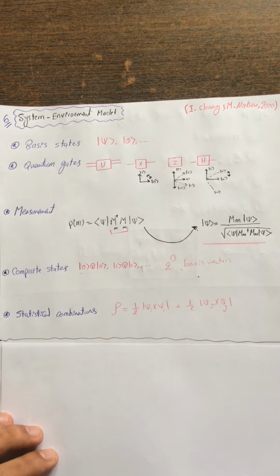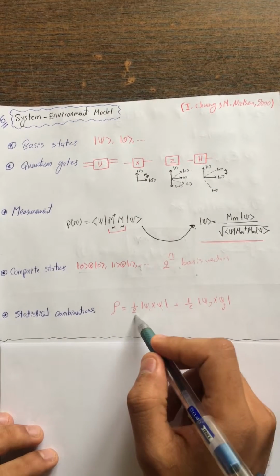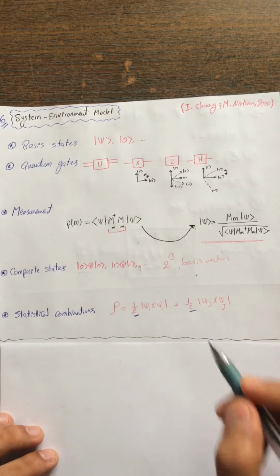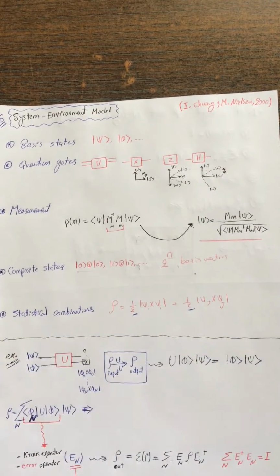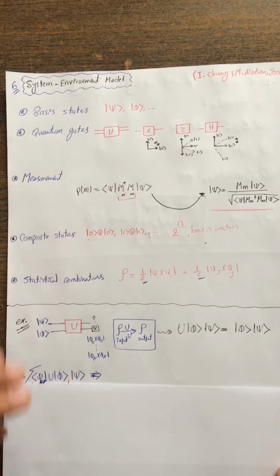And this is how we can construct a density matrix, a statistical combination of both with definite probability. So let's take an example for this system environment model.